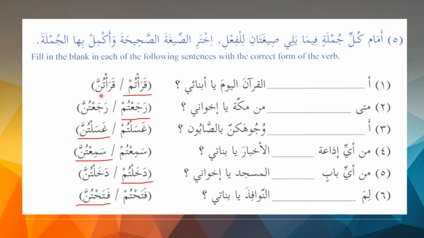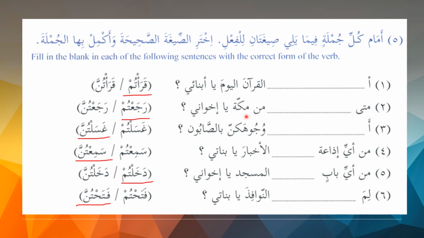You cannot use aqra'tunna. You will say aqra'tum al-Qur'ana al-yawma ya abna'i. It's the same as the exercise before; you are just choosing the correct form of the verb with the attached pronoun.